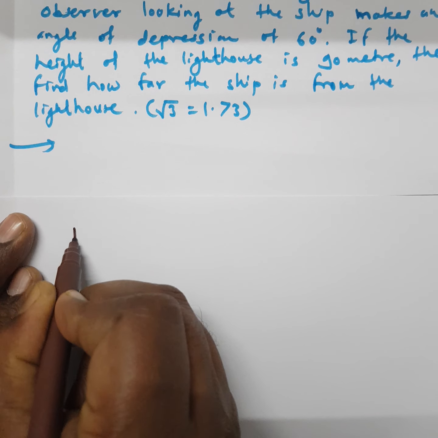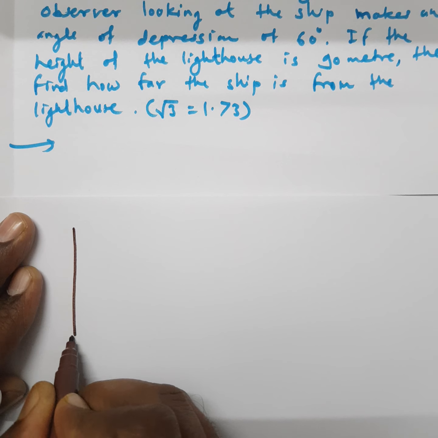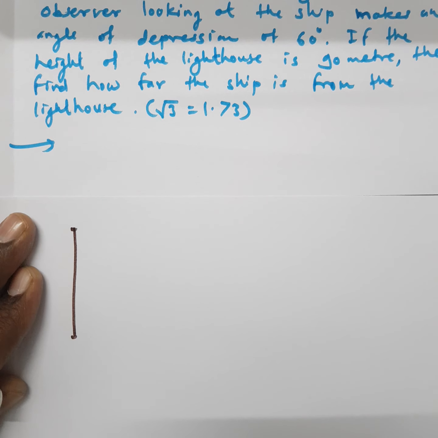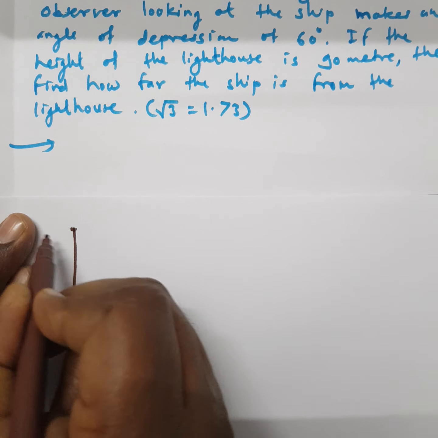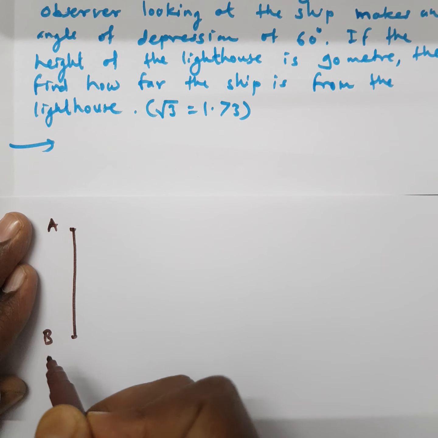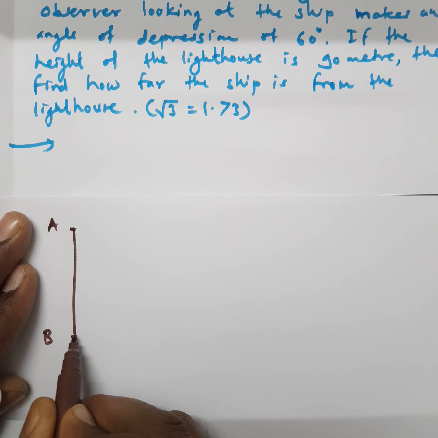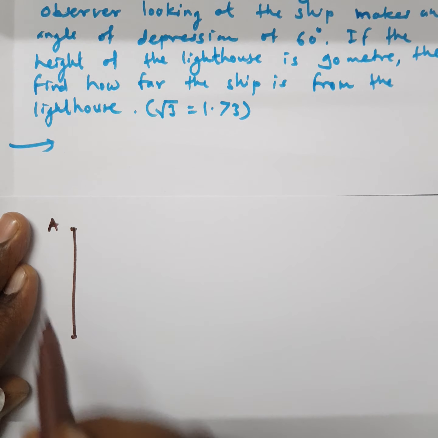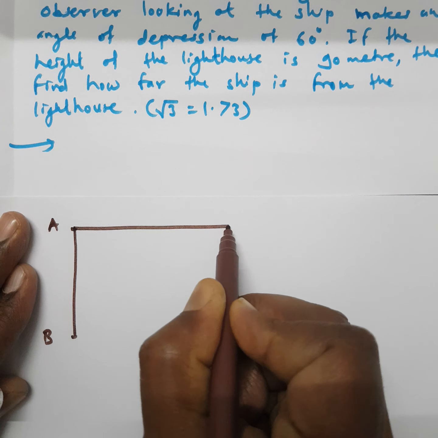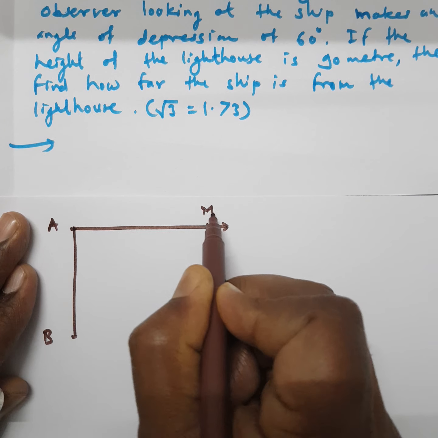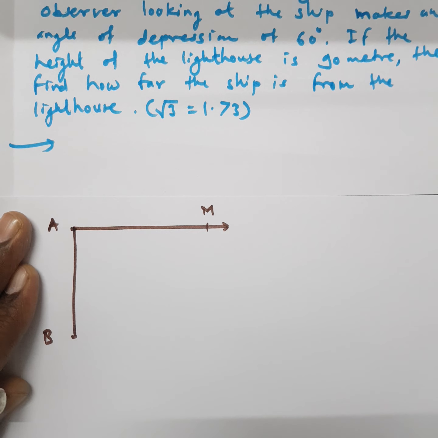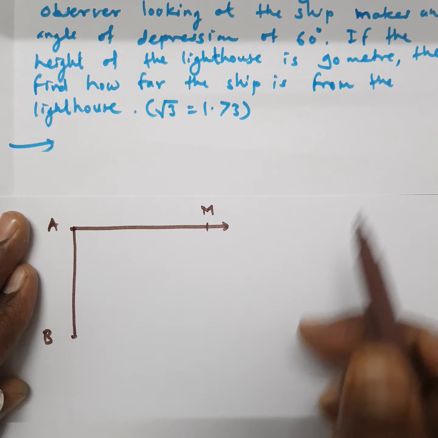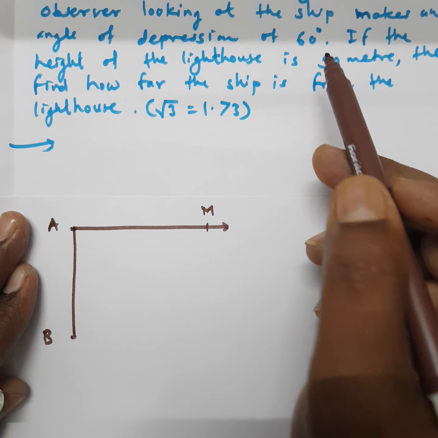Suppose it is height of the lighthouse AB, then here observer is at point A, therefore the horizontal line AM will be here, and when the observer looks towards the ship, makes an angle of depression 60 degree.